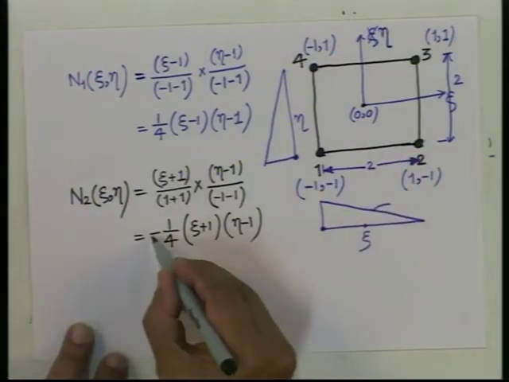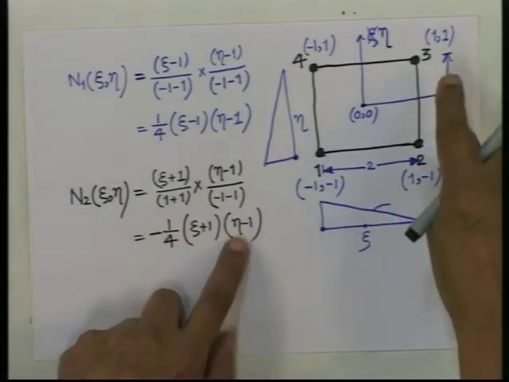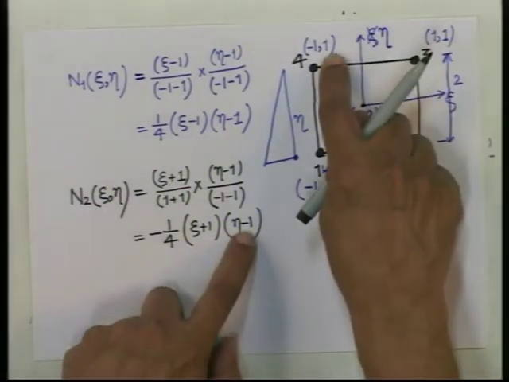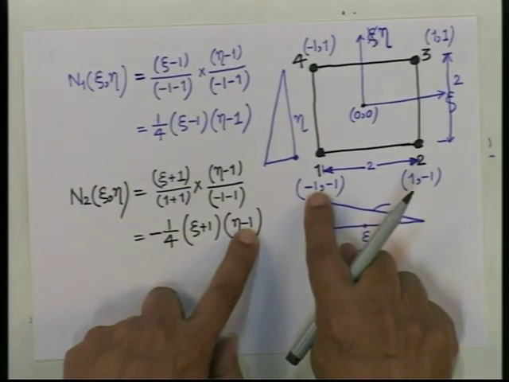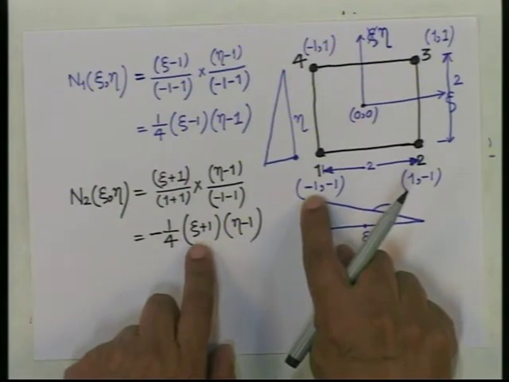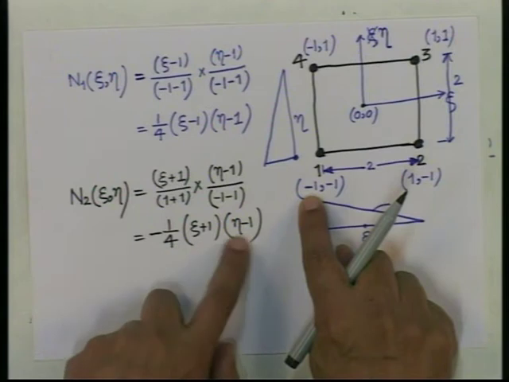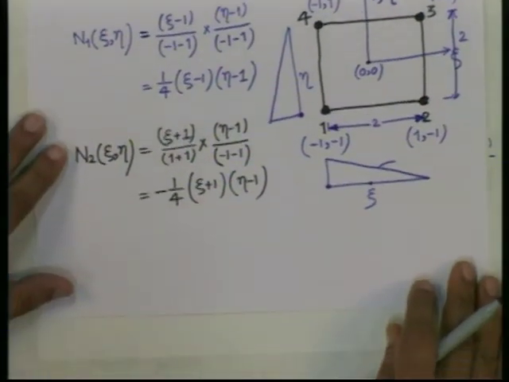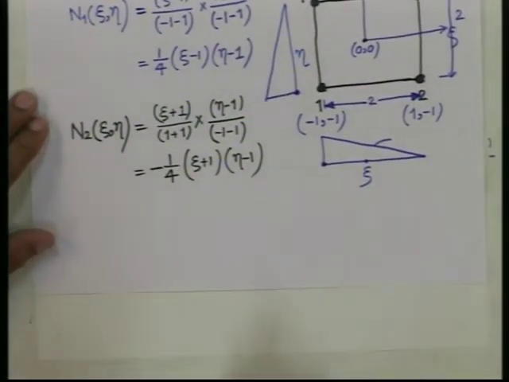This is correct. Now, you go to any other node, there is already a positive here, so it will become 0. Here also there is a positive here, so it will become 0. Here psi is negative, so this will be 0. So, it will become 0 at all other nodes. This will satisfy the shape function condition for node 2.